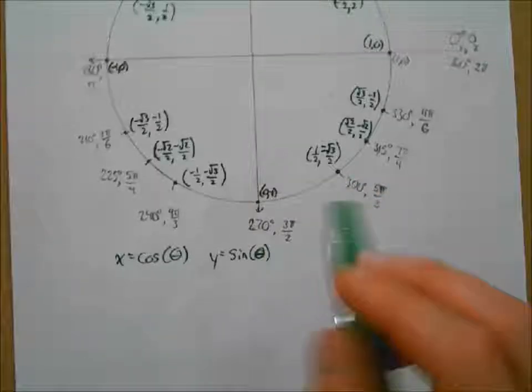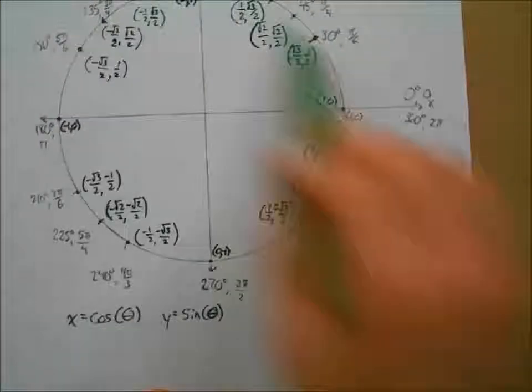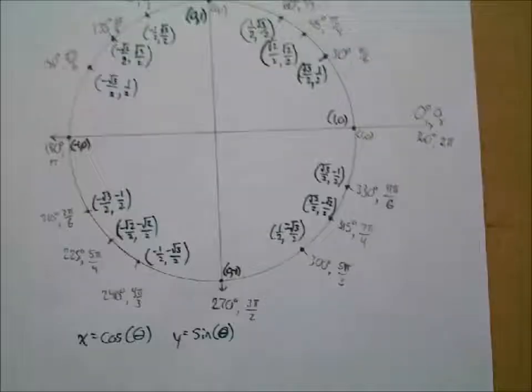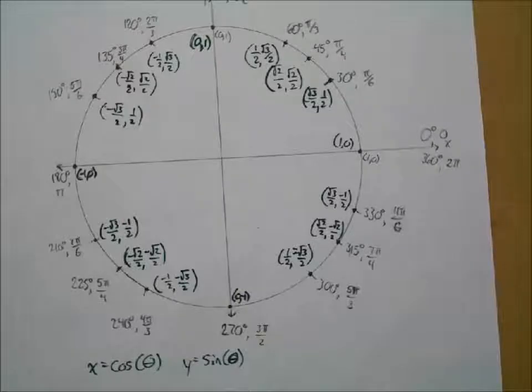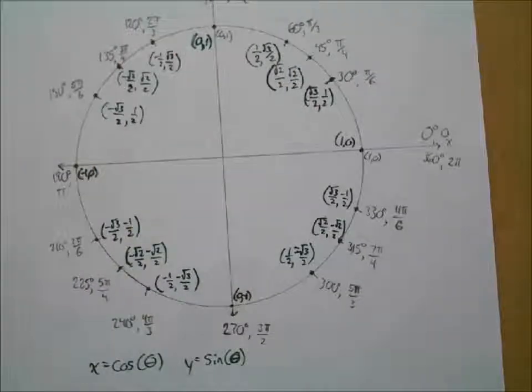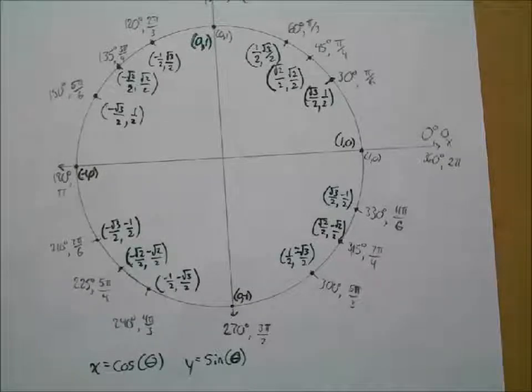Okay? So this provides us a way to evaluate trigonometry, sine and cosine, without using a calculator. No calculator necessary, because it's just all here on the unit circle. We have the exact precise values as opposed to those rounded values.